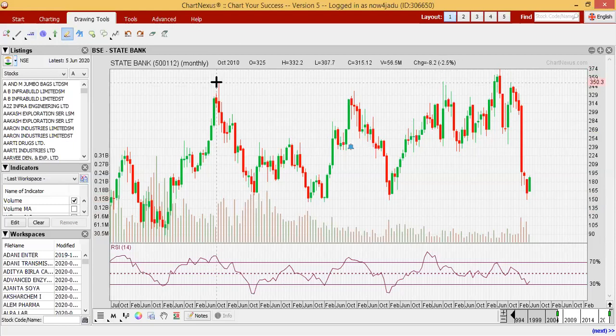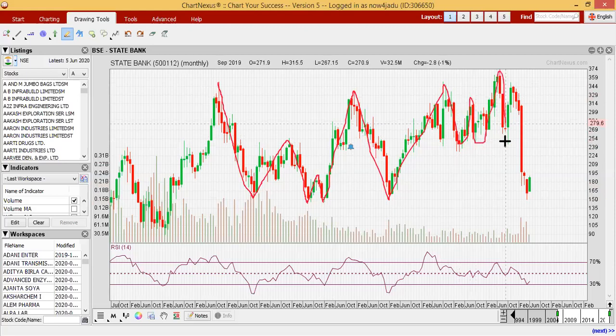See here at SBI, in the year 2010, it's trading at the 350 level. After that it corrected up to the 150 level, and again bounced back to the 250 level, and again corrected to the 150 level in 2013. Again it slightly bounced back and came to the 150 level till 2014, and again went up to the 330 level, and again came to the 150 level, and again went to the 350 level, taking good support at the 230 to 240 level.